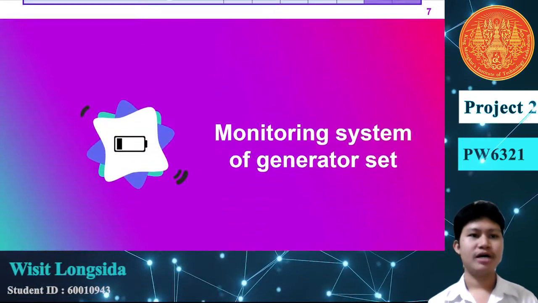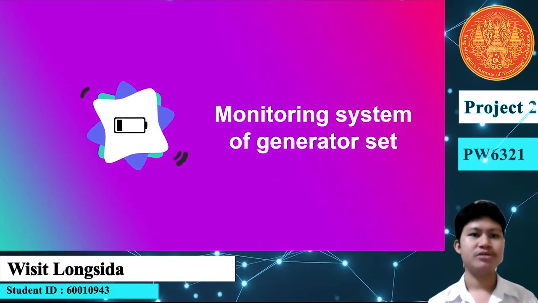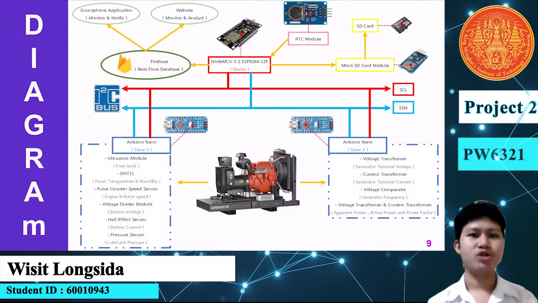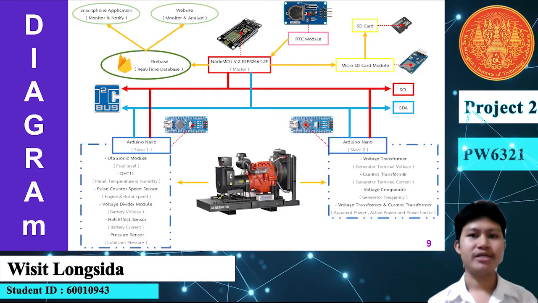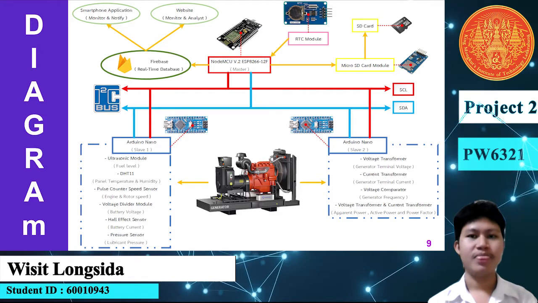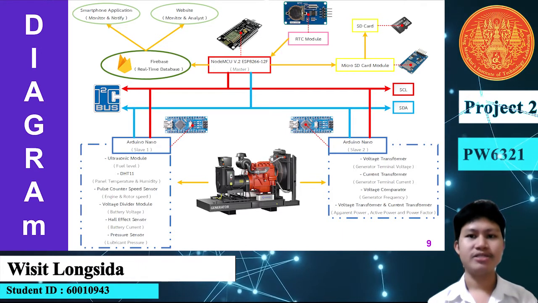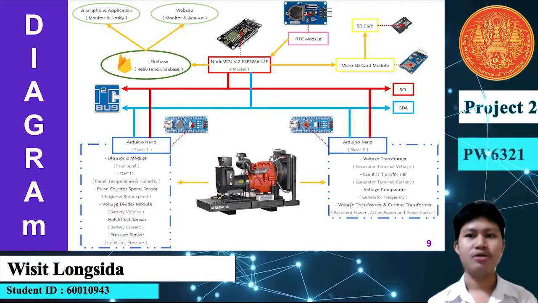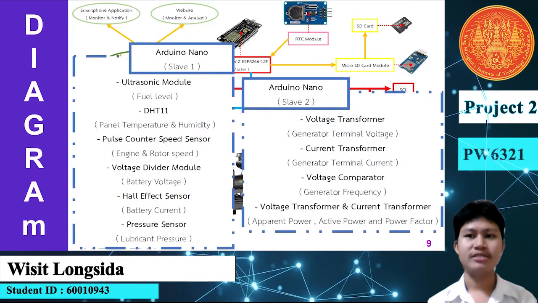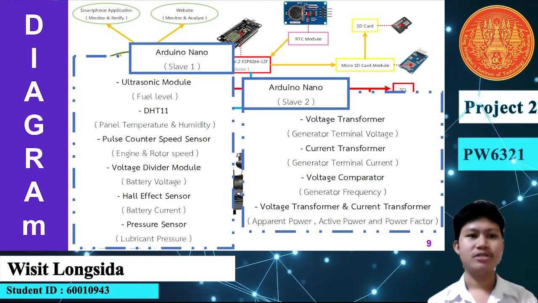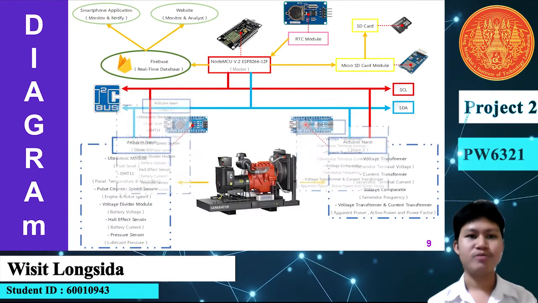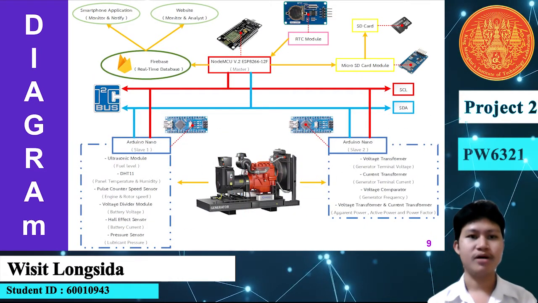I'm going to start with monitoring system of generators. This diagram shows the system working as master-slave and communicated by I2C. The system starts as this slave, Arduino, receives values from sensor and processes. After that, this slave will send value to NodeMCU as master through I2C bus.